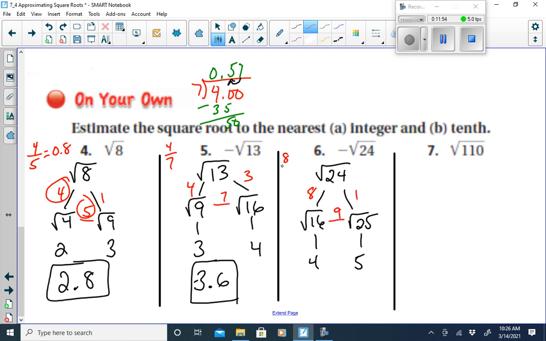We know from memorization, 8/9 is equal to 0.8 repeating, right? So when we approximate the square root of 24, it's going to be in between 4 and 5, which means it's going to be 4 point something, and because we have the repeating 8, that's going to be 4.9. But we want the opposite of that, right? Don't forget the negative sign. So we're going to have negative 4.9 for the approximation of the opposite of the square root of 24.